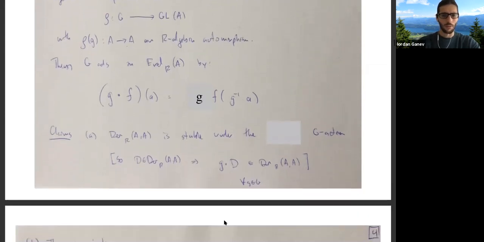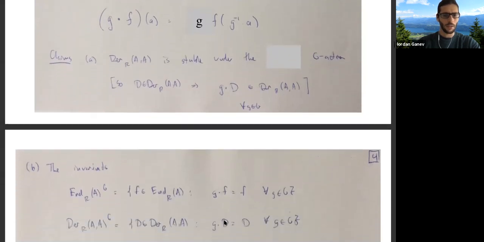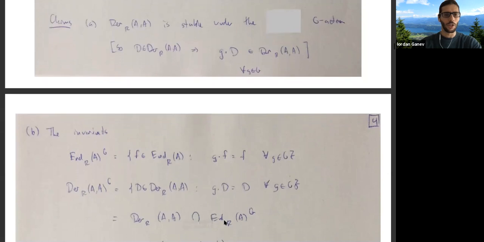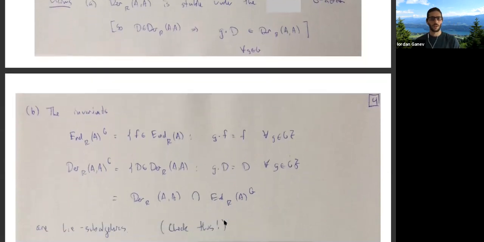So that's one fact. And the other claim is that if we think about the G invariant endomorphisms or the G invariant derivations, then those are Lie subalgebras. So they're invariant, but you can also think of them as equivariant endomorphisms.